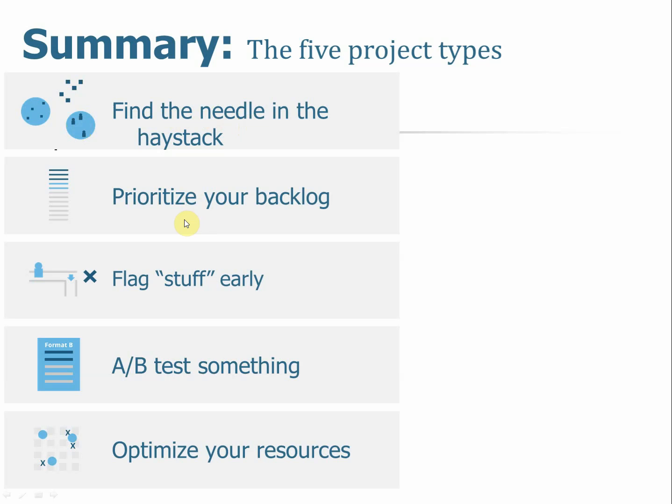We can also use it to prioritize the backlog so that it won't be treated as just first in, first out. We can also use it to flag things early, so that if something is going to go wrong, based on the model that we created, we can predict whether it's on the right track or not.